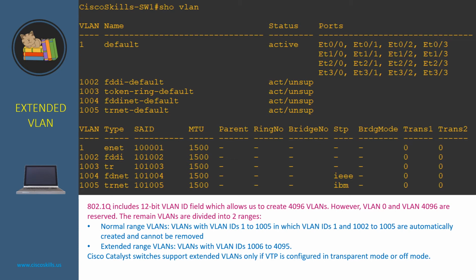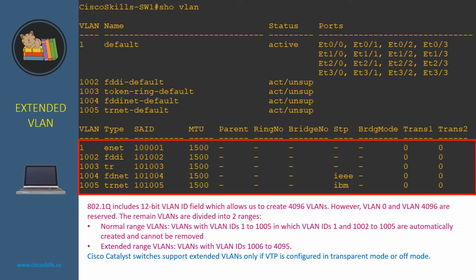The remaining VLANs are divided into two ranges. Normal range VLANs are VLANs with VLAN IDs from 1 to 1005, in which VLAN ID 1 and VLAN IDs 1002 to 1005 are automatically created and cannot be removed.